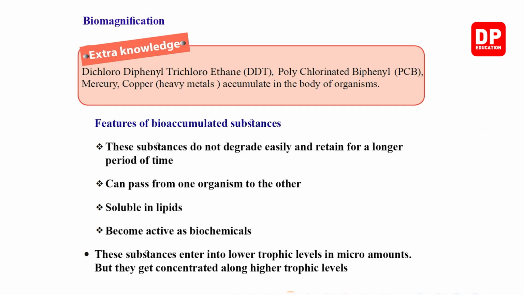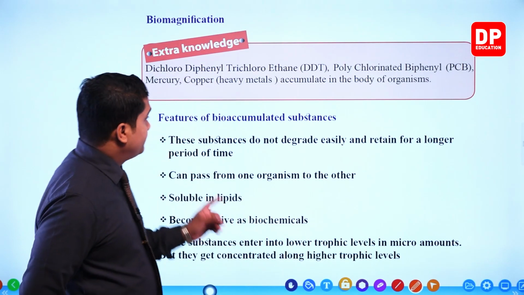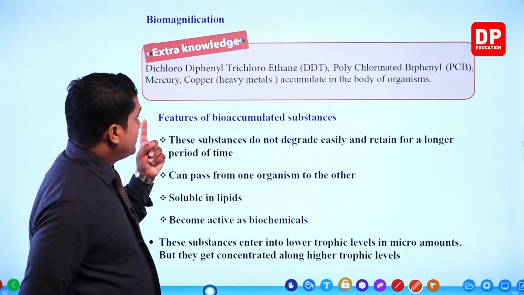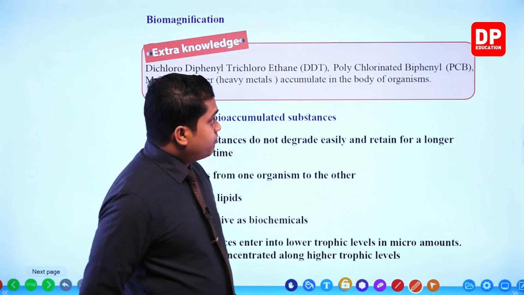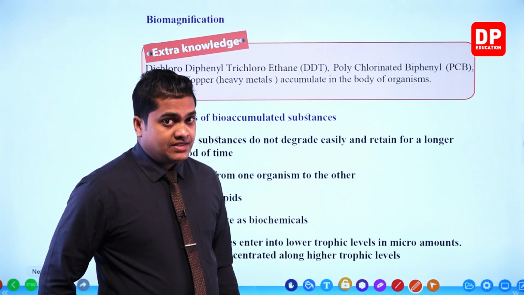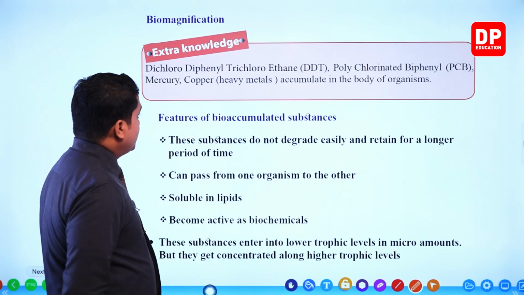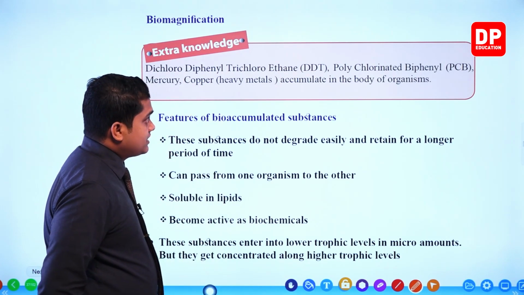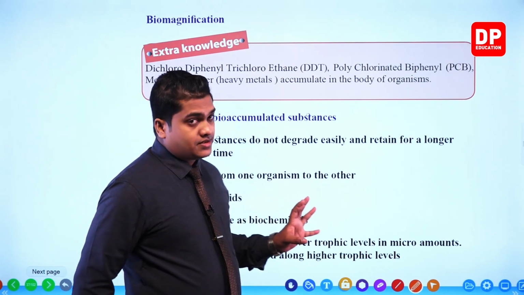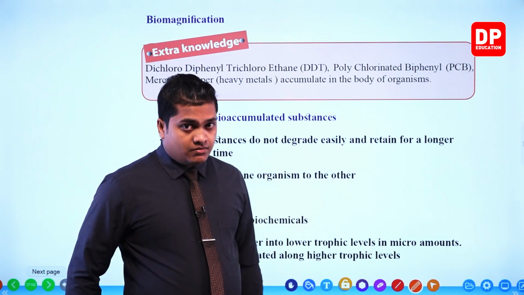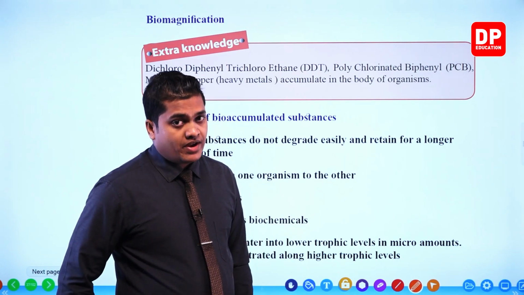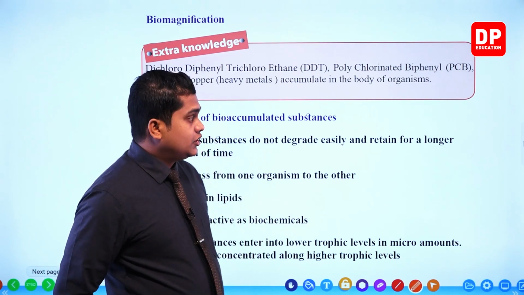Like I said, my dear children, these are the substances which are getting biomagnified: diphenyl trichloroethene, DDT, then polychlorinated biphenyl, PCB, then mercury and copper like heavy metals. These things will accumulate within our body and get biomagnified, okay.